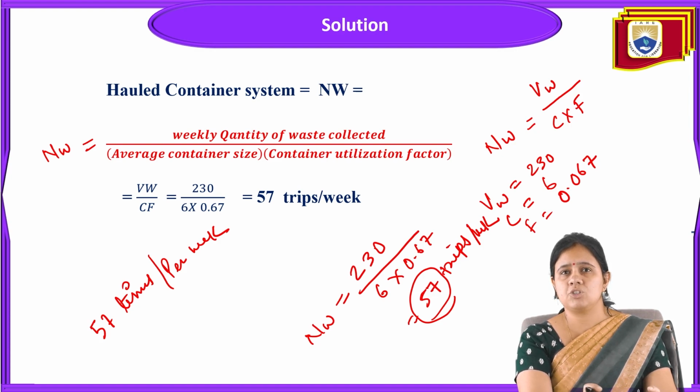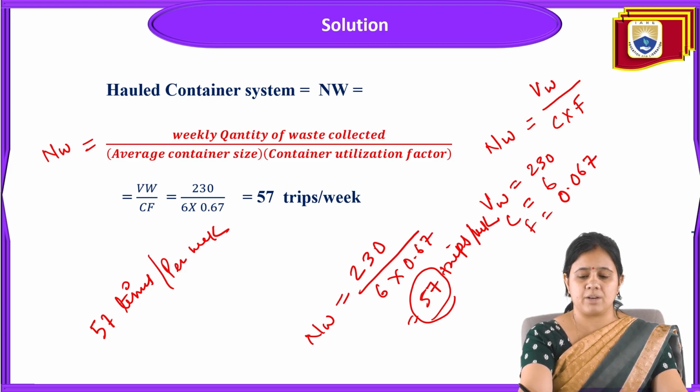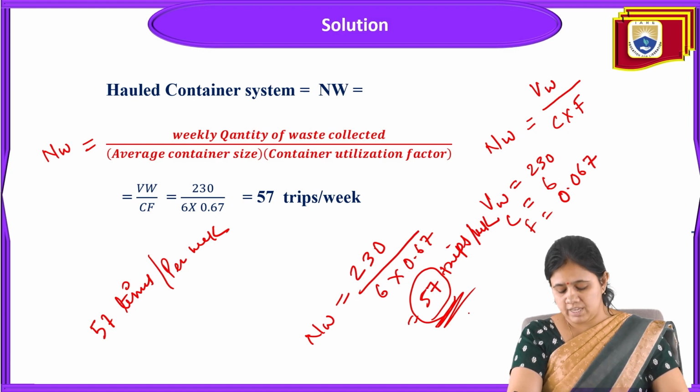For this much waste, for the hauling operation, 57 trips are required in a week. So for this NW we have calculated 57 trips.